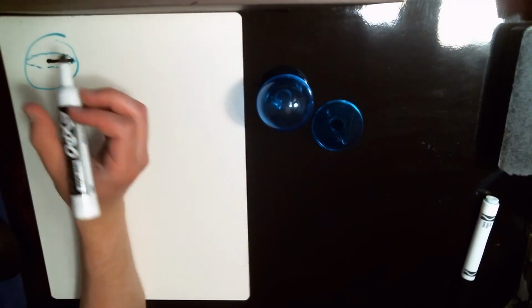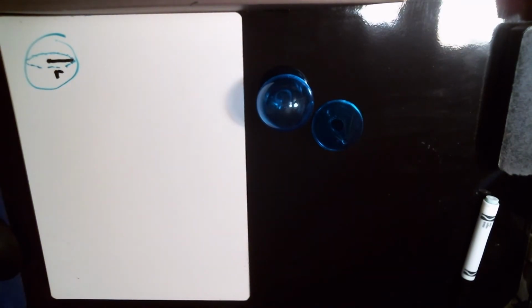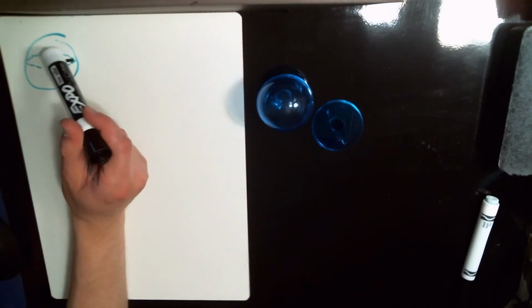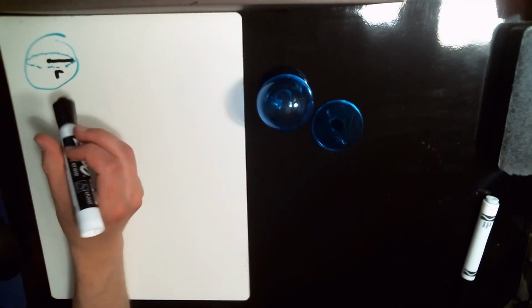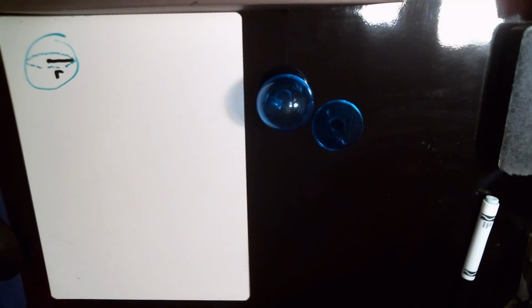And so it has a radius of that sphere. And you'll notice for a sphere, the radius is kind of like the same as it is for a circle. It's just in 3 dimensions now. So it traces out a ball instead of just a circle. Okay.